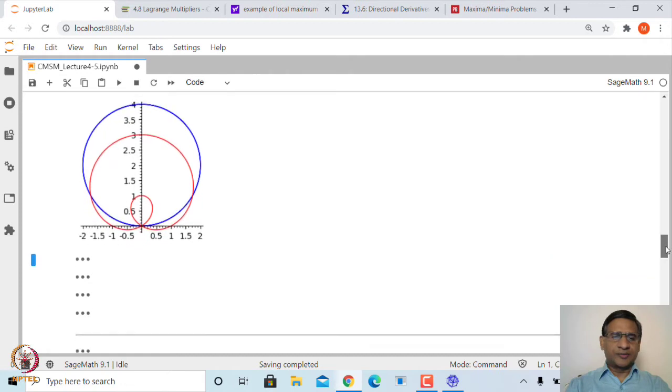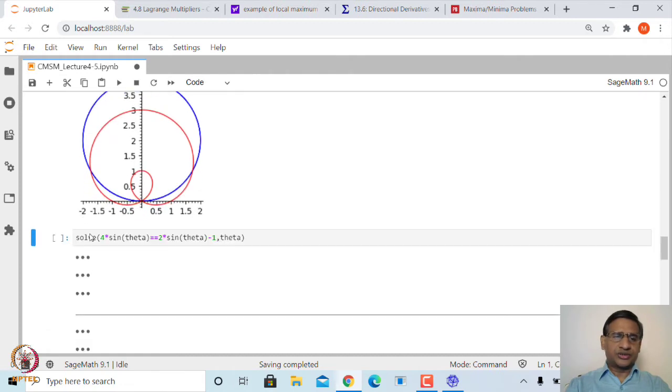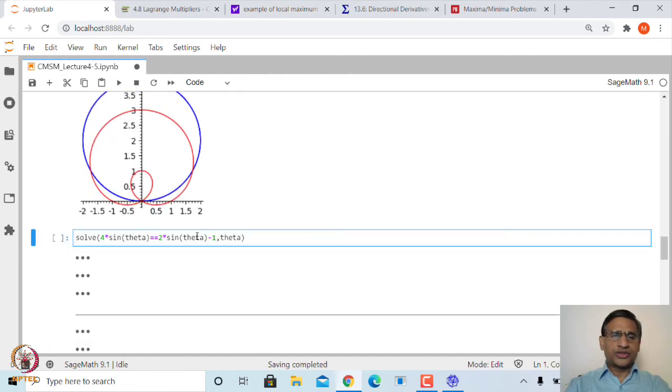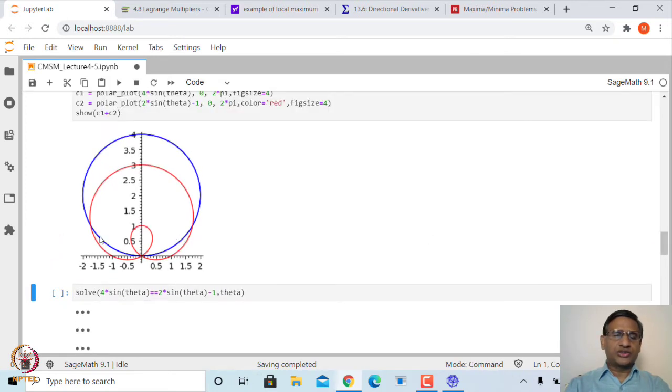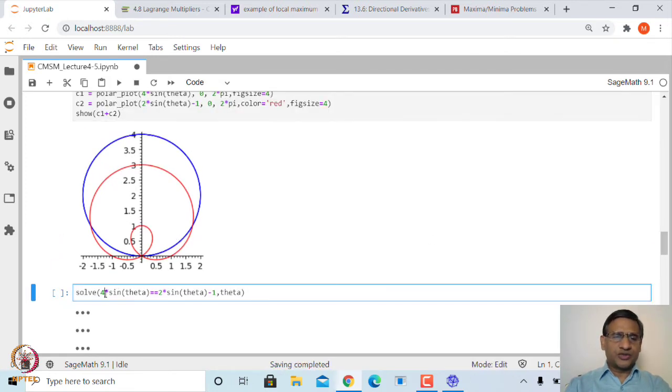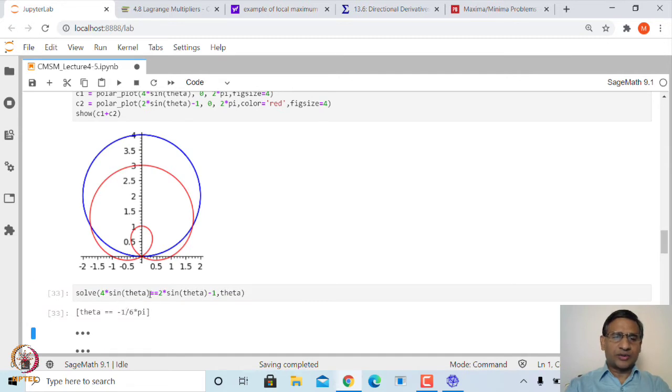So, this is the portion whose area we want to find out. Let us plot this in shading. First we need to find the points of intersection of these two curves, so we can use the solve command. So, solve r1 is equal to r2 for theta. You will see that theta is in this case minus 1 by 6 pi, but we want this theta to lie between 0 to 2 pi.